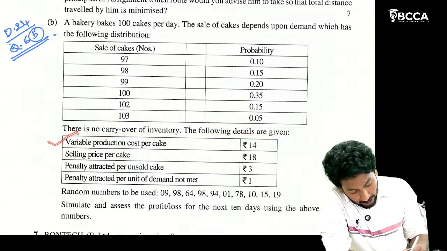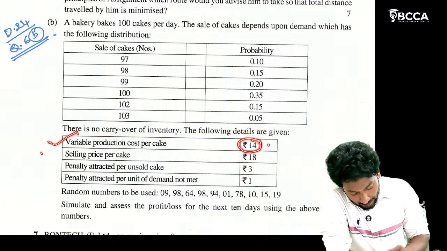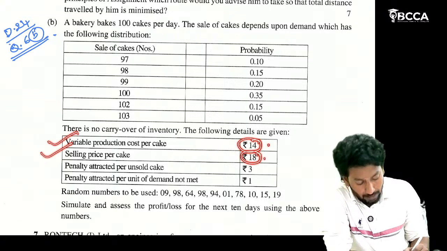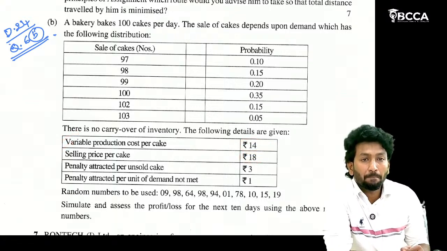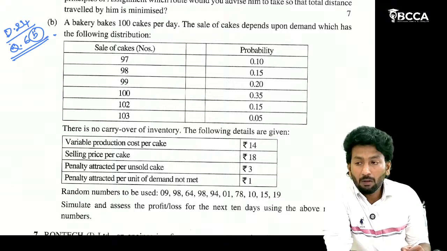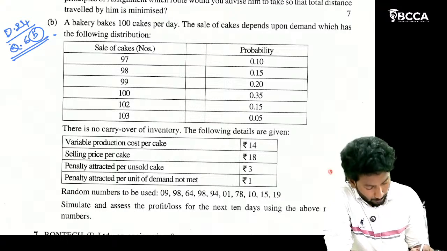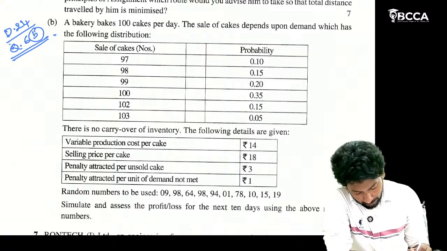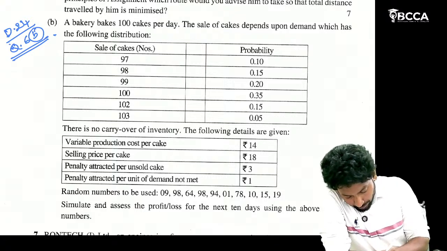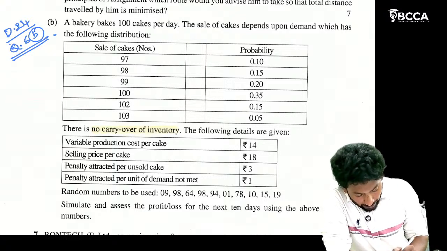Variable production cost per cake is 14 rupees. Selling price per cake is 18 rupees. No carryover of inventory.